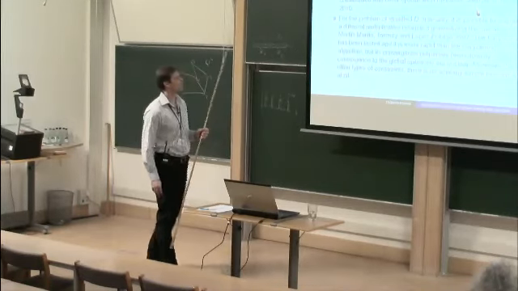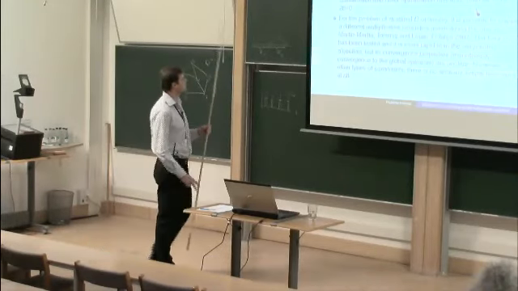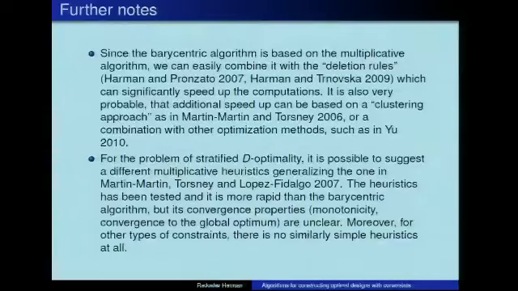It's also very probable that it can be fine-tuned and improved in many different ways. For example, using a clustering approach, such as in a paper by Raoul and Ben, or in combination with other optimization methods, such as in another paper in computational statistics by Yaming Hu, where he was able to improve, by the so-called cocktail algorithm, the speed of these multiplicative algorithms, essentially the classical algorithms for calculating the optimal design, very much, by several orders of magnitude.